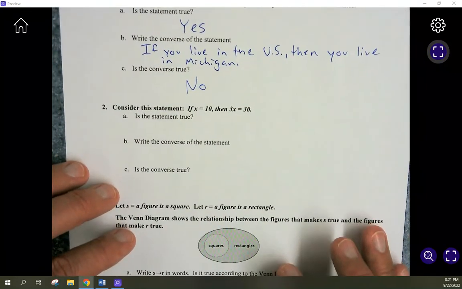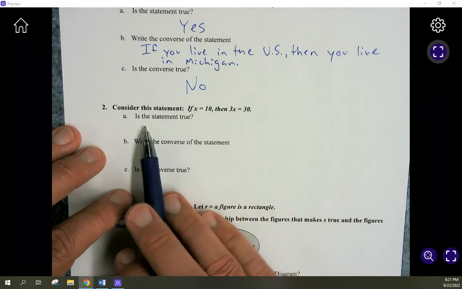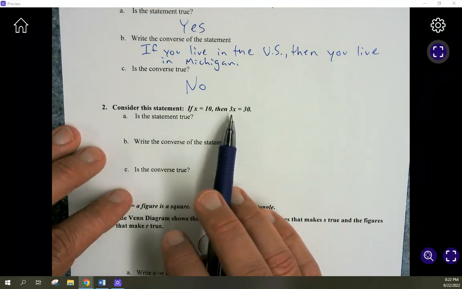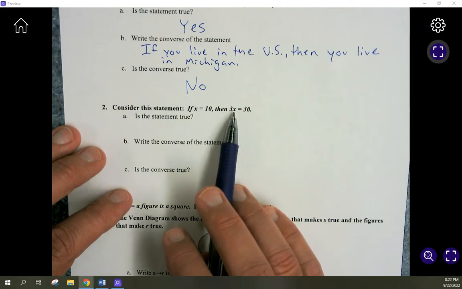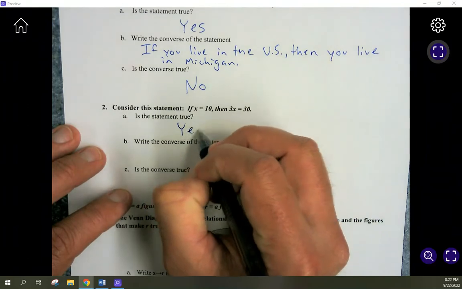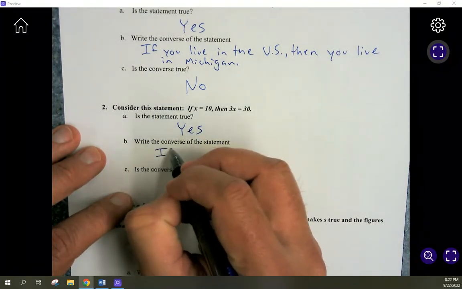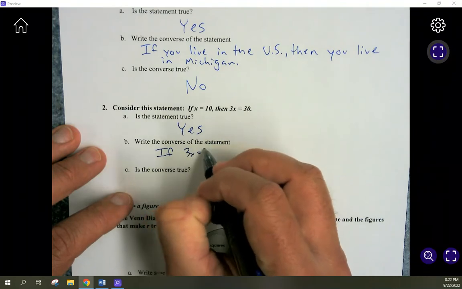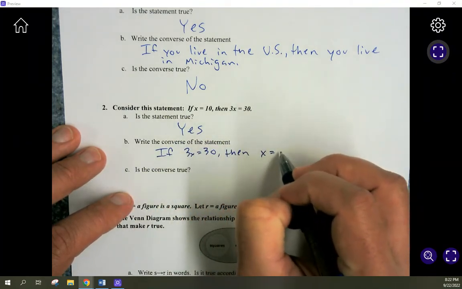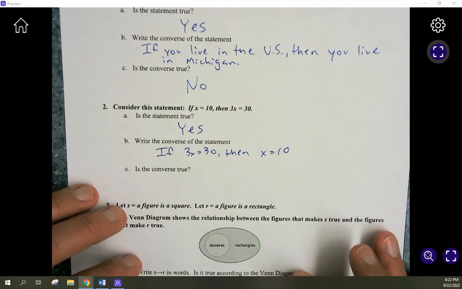Statement number two. If x equals 10, then 3x equals 30. Is this statement true? Well, if x is 10, 3 times 10 is 30. Yes, that's true. Write the converse. So we're going to switch these. If 3x equals 30, then x equals 10. Is that true?